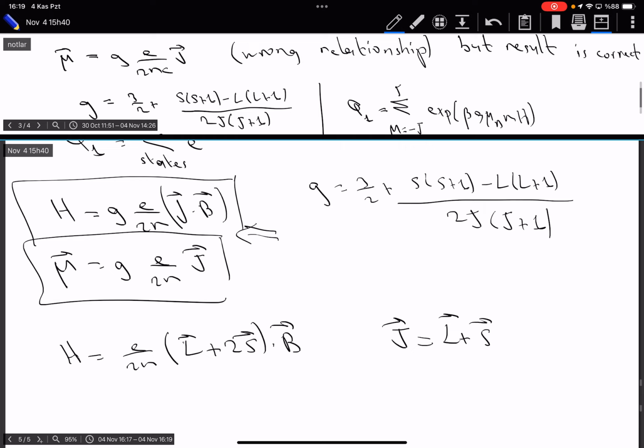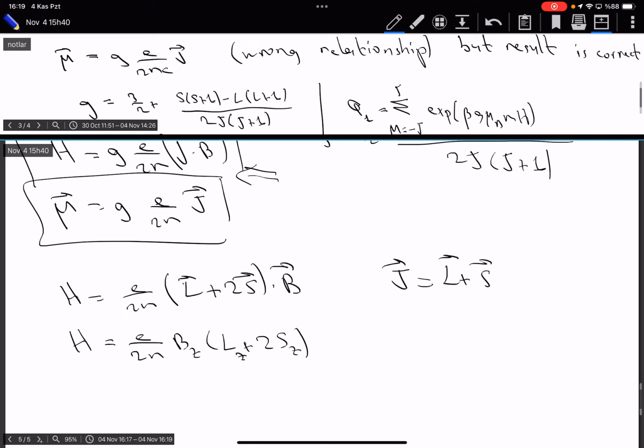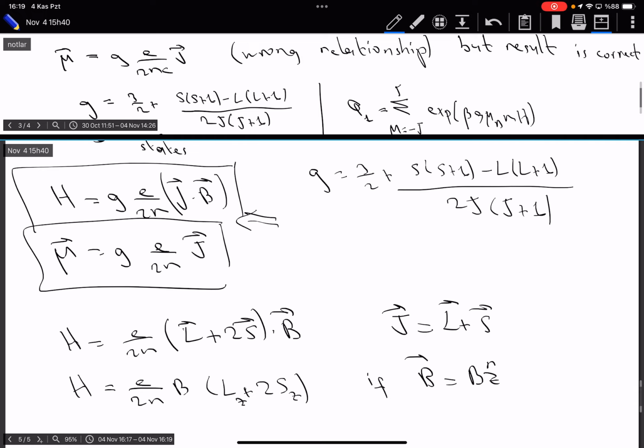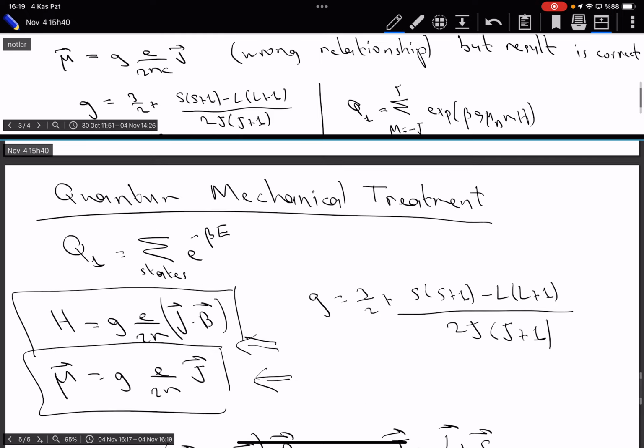Or if you choose the magnetic field to be in the z direction, this is e over 2m B_z (L_z + 2s_z), or let me say just B. The energy eigenvalues are still determined by this term.